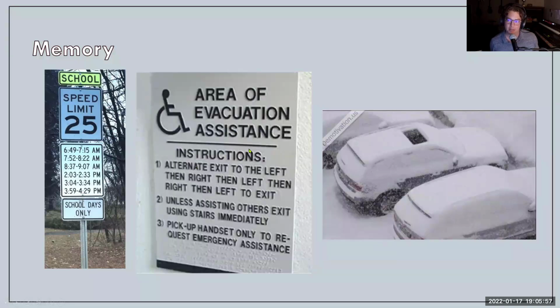Magical number 7 plus or minus 2 refers to, when we get to memory, you'll hear more about this, the capacity of working memory. And this matters because it's basically what a human can keep in their head in a working moment. So if I am in a burning building and I need to know where's the emergency exit, and I have to read this, now I've got to keep in my head left, right, then left, then right, then left.